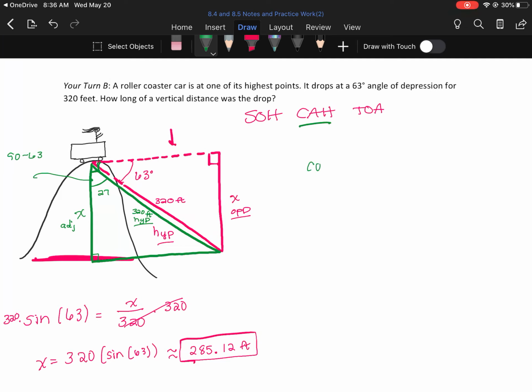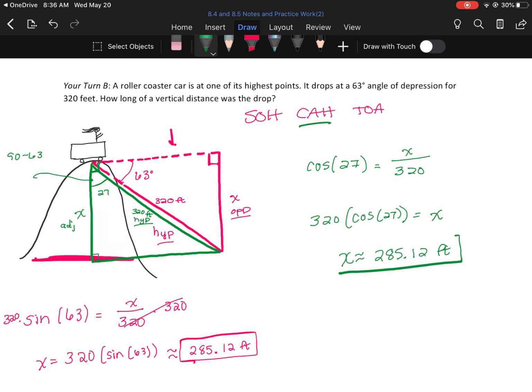So now I have the cosine of my 27-degree angle, because that's the one that goes along with my green triangle, and that is equal to the adjacent, which is x, over the hypotenuse, which is 320. Same thing, multiply both sides by 320. And when you substitute that into the calculator, guess what you get? 285.12 feet.